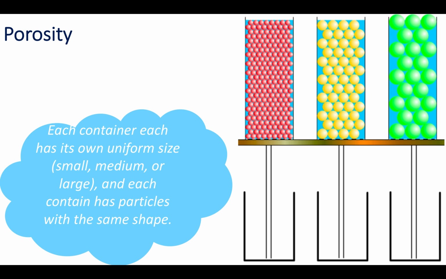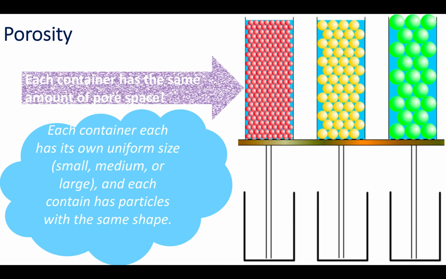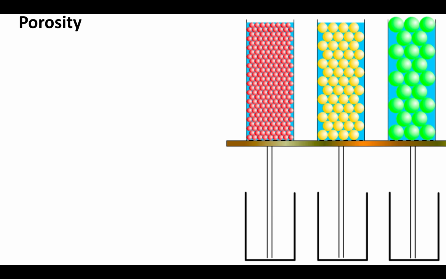Each container is filled up with water, which means each container has the same amount of pore space. Since you have those criteria, each container contains the same size sediments, and each container has the shape of a sphere. They should have the same amount of pore space. So let's take a look here at the animation. If you remember, the blue between the sediment is representing water.